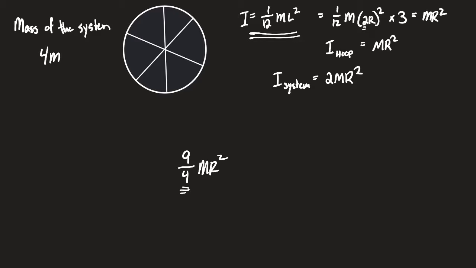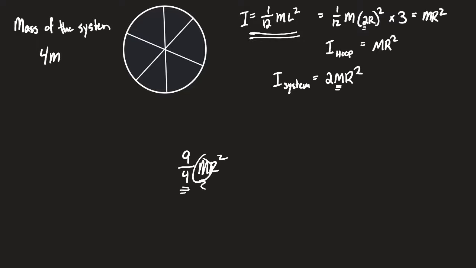Now, first, this is not the moment of inertia of the object compared to its mass. That's not what this is. This is a construction of the moment of inertia based on whatever m happens to be. And keep this in mind, this m here is not the mass of the system. Neither was the mass here. The mass of the system is 4m.